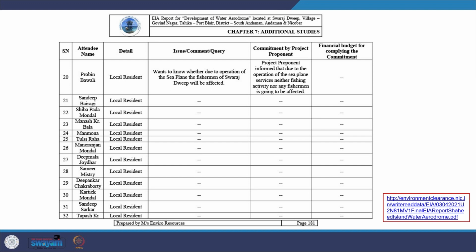That was the comment of the project proponents, though we are not aware about the details of it. But that is what the concerns of the local people were, and how that has been responded to. Those details are not here at this moment, from what we can see.